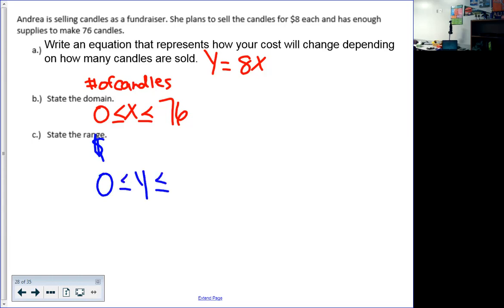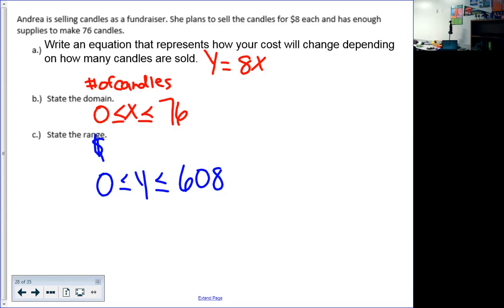Less than or equal to, what's the most that she can make? Well, I have 76 candles. I probably need to find out what 76 times 8 is, and I'll see that ends up being $608. So that's the most amount of money she can make if she sells every single candle that she's got.